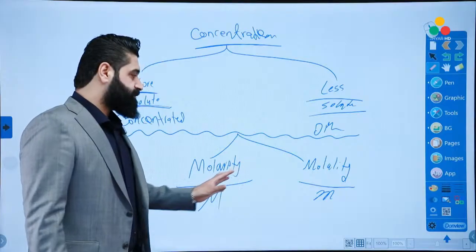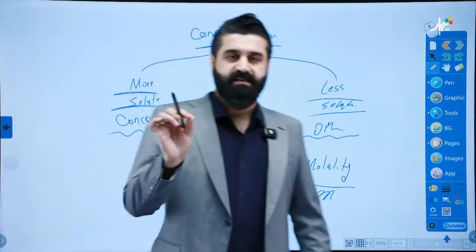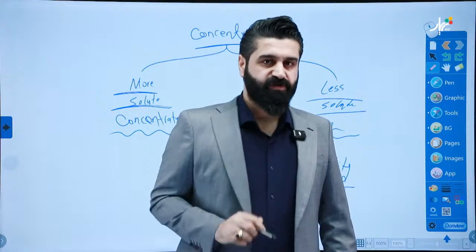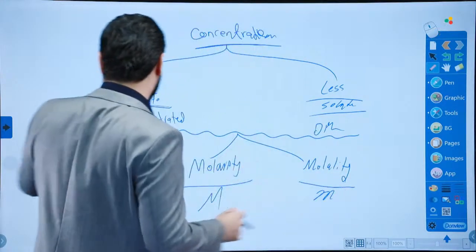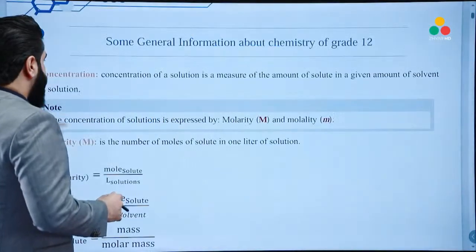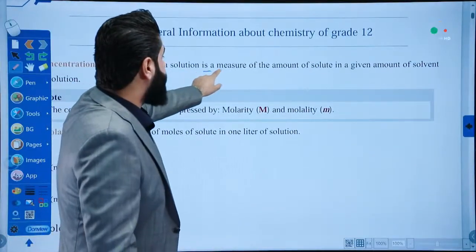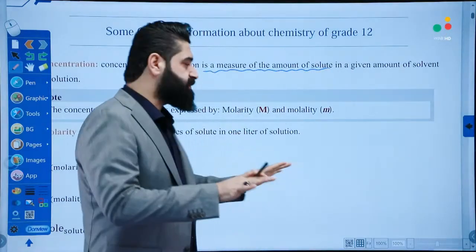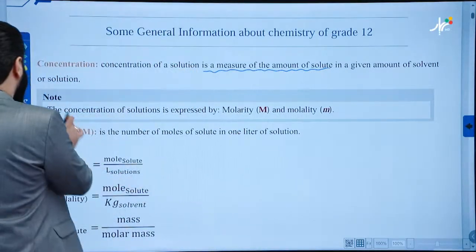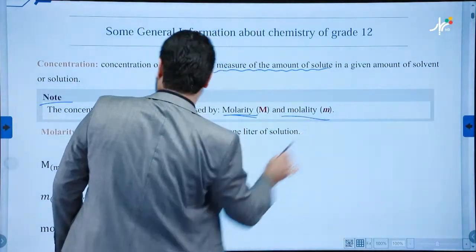These two expressions are used to calculate the exact amount of solute in a given amount of solvent or solution. Concentration is a measure of the amount of solute. This is the most important part of the concentration. As I said, we have two different expressions, which are molarity and molality.